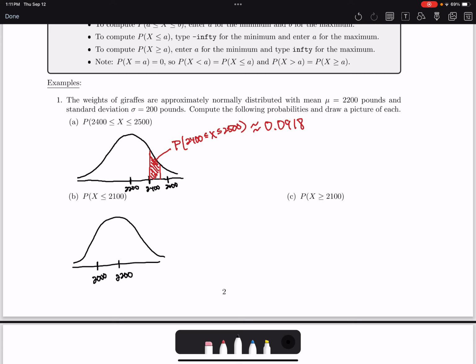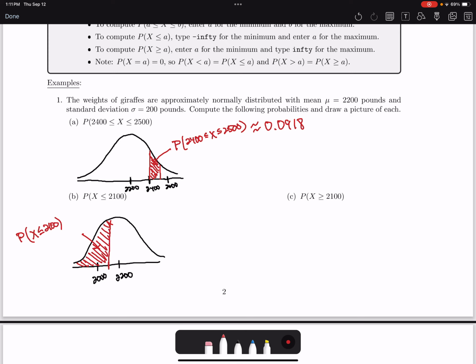So 2,200 minus 200 is 2,000. And we're looking for the probability that x is less than 2,100. So 2,100 would be right in between 2,200 and 2,000. We're looking for this probability right here. Okay. So this is probability that x is less than or equal to 2,100.